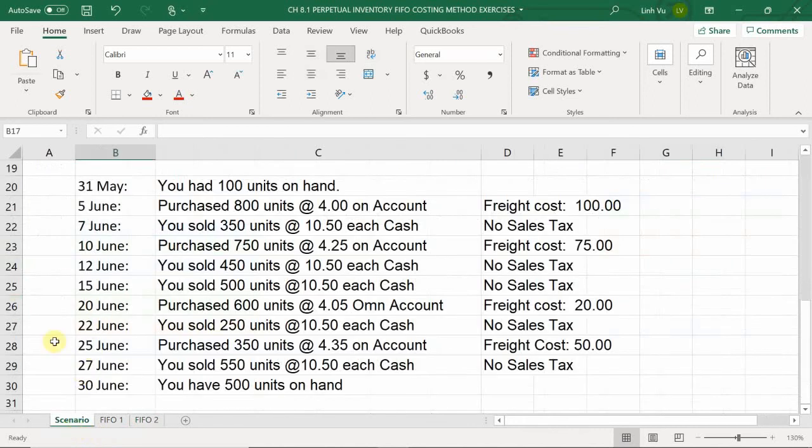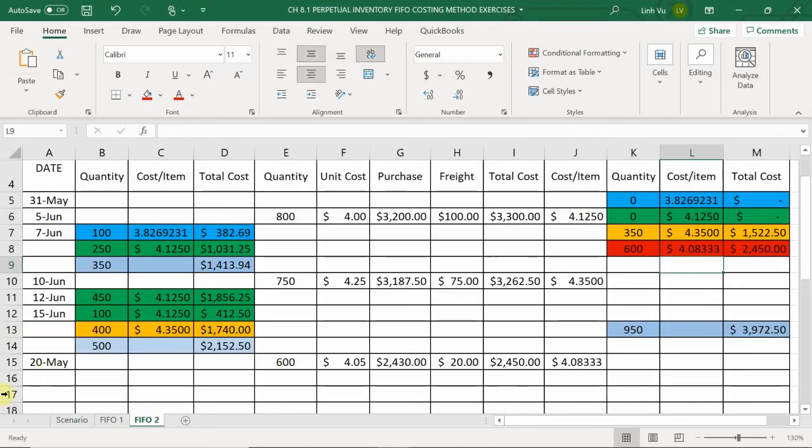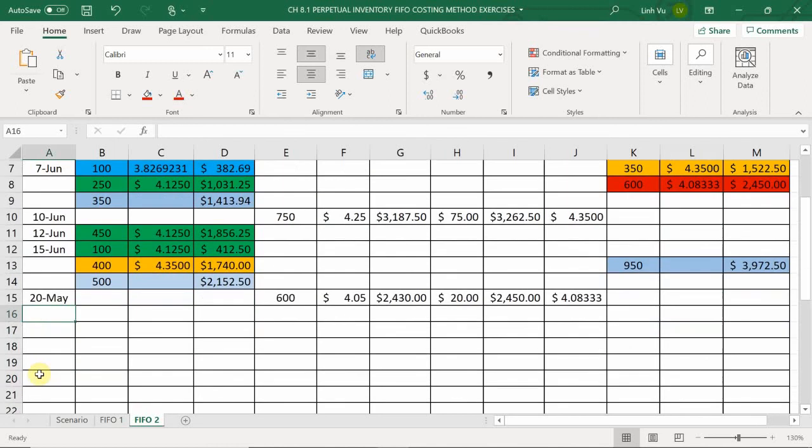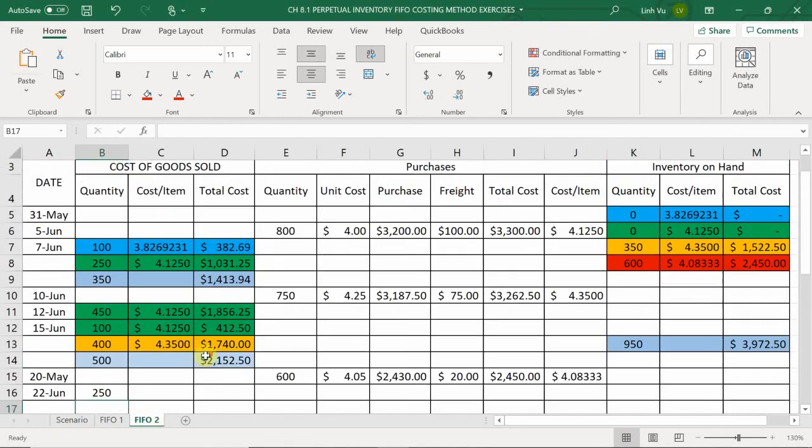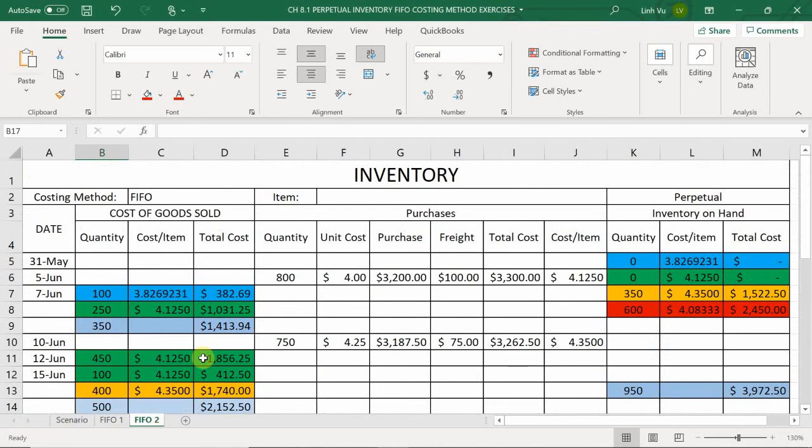So then on June 22nd, you sold 250 units. Okay, so which batch of inventory would it take out from?